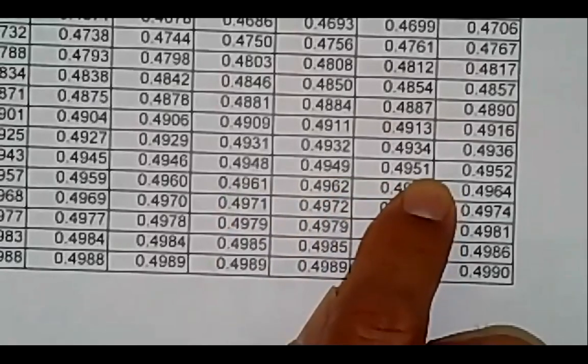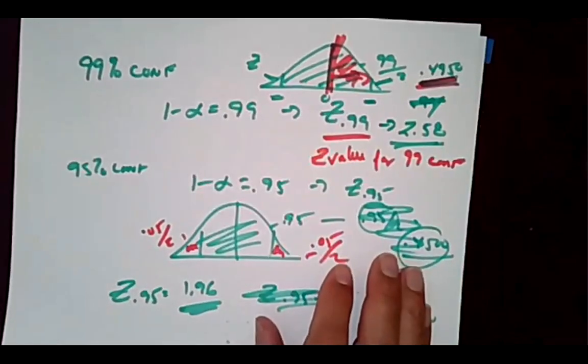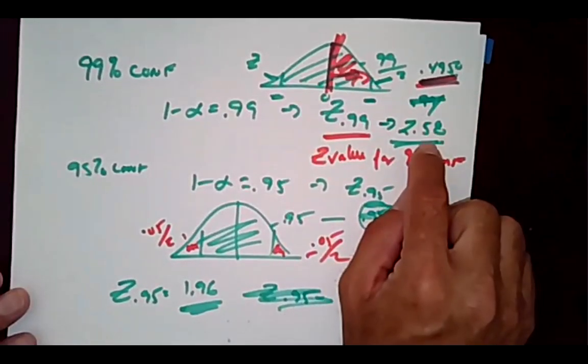This is back to these rules right here. Remember we did these rules. So then you use that value of 2.58. You may use that 2.58 to solve a problem. Again, I haven't gotten that part yet.